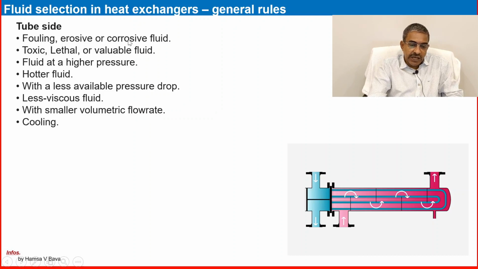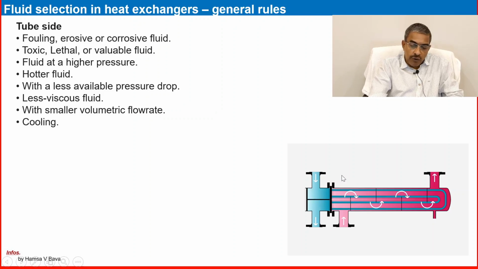The reason is that with a corrosive fluid, we can find out easily and the tube we can replace easily. With a high pressure fluid, if there is any tube leakage, the shell side pressure will increase quickly and the tube side pressure will decrease quickly.